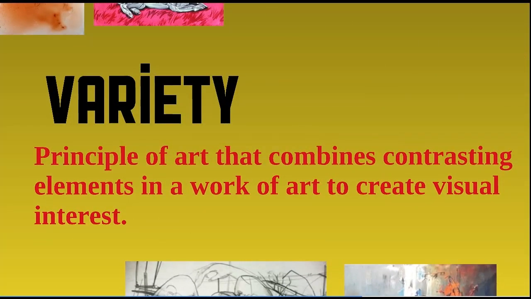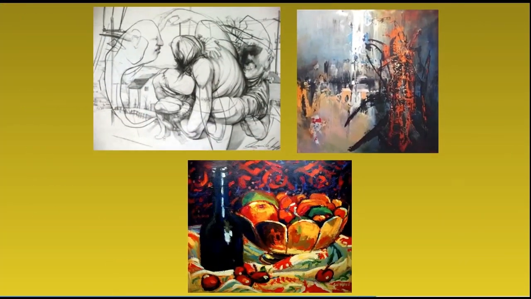Now, variety. Variety is the principle of art that combines contrasting elements in a work of art to create visual interest. Contrasting elements are like dark and light, rough and smooth.